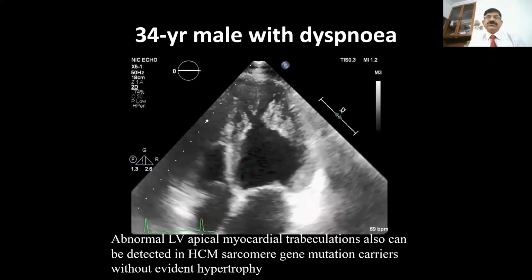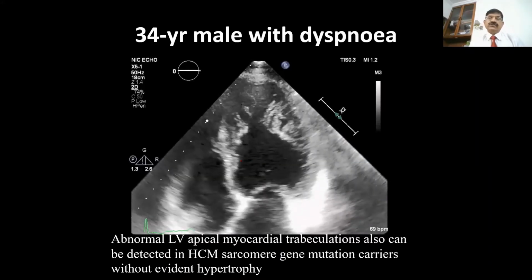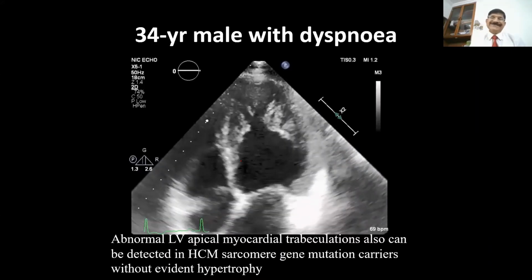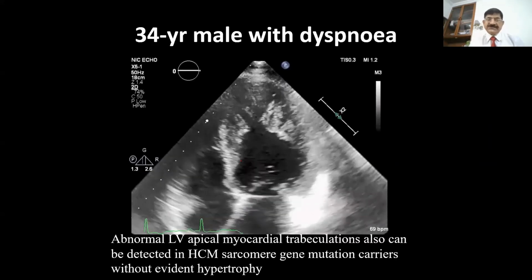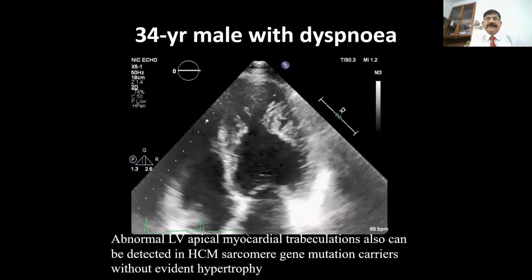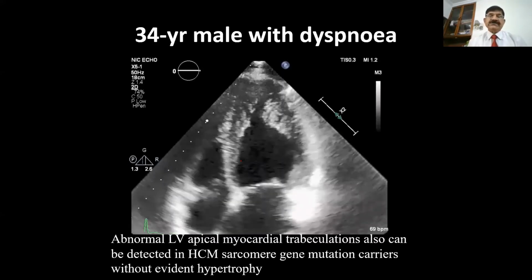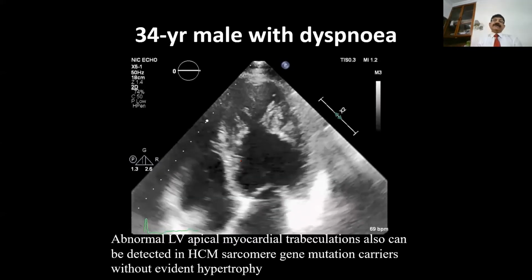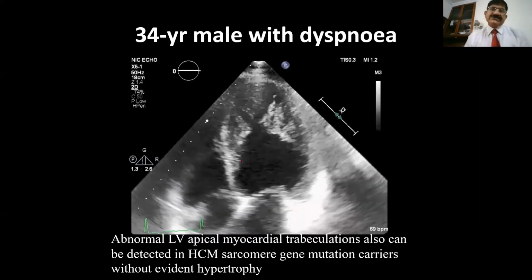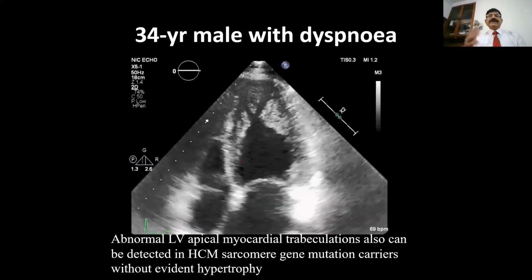You'll be surprised to know that this kind of pseudo-hypertrophy as a result of big trabeculations can also be detected in hypertrophic cardiomyopathy sarcomere gene mutation carriers without evidence of hypertrophy. So this gentleman also is a case of hypertrophic cardiomyopathy, but a completely different variety.